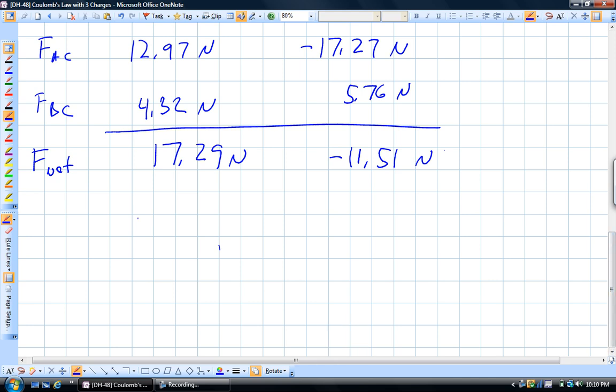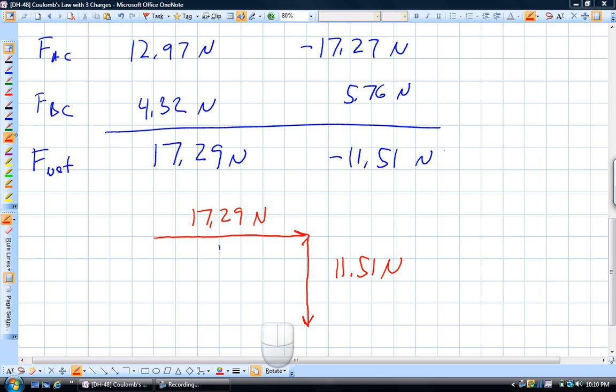So I like to sketch this, and it's going to have an x component to the right of 17.29 newtons, and it's going to have a y component somewhat smaller. Actually, I usually don't write the negative sign when I draw the arrow because it's a little redundant. Like this. And now to get the resultant, let's use green. Like this.